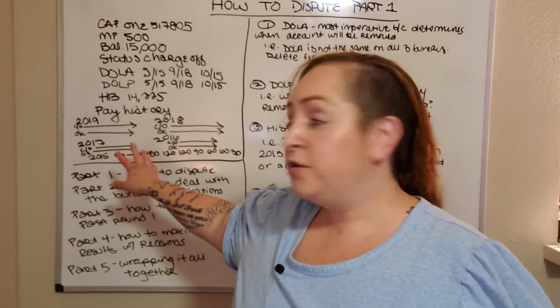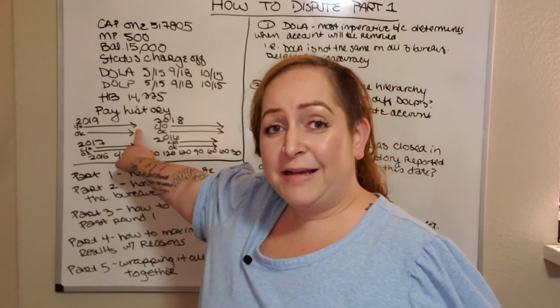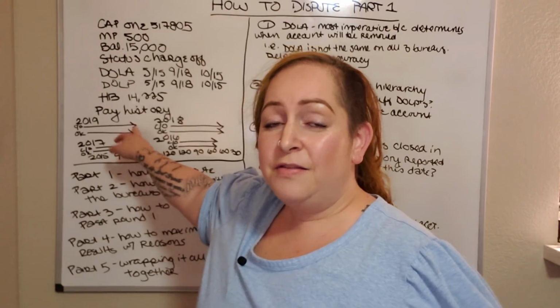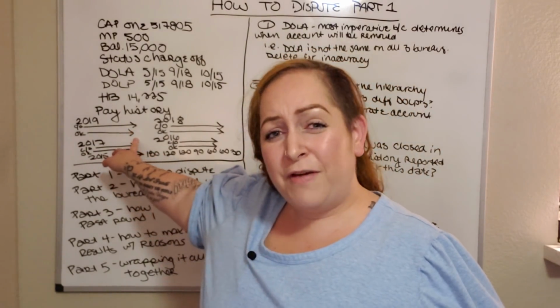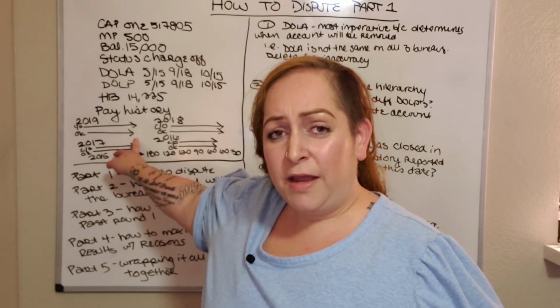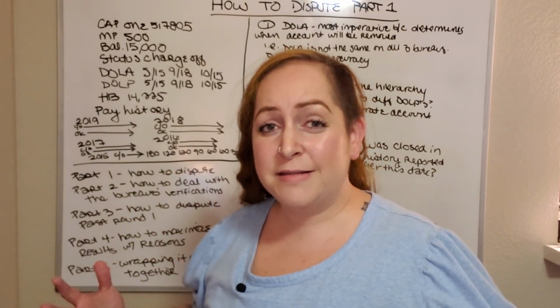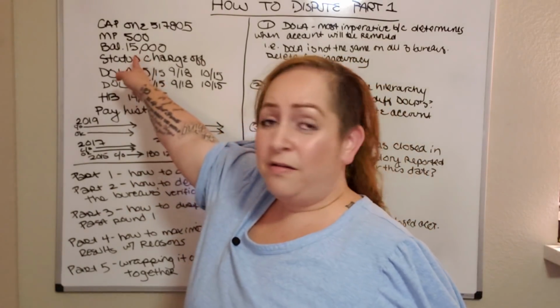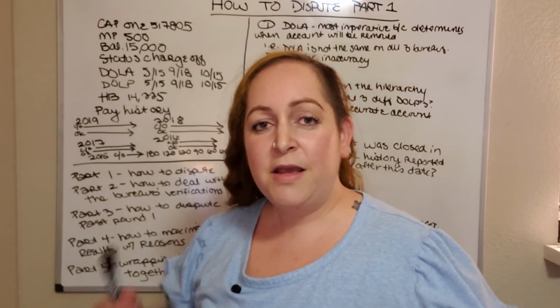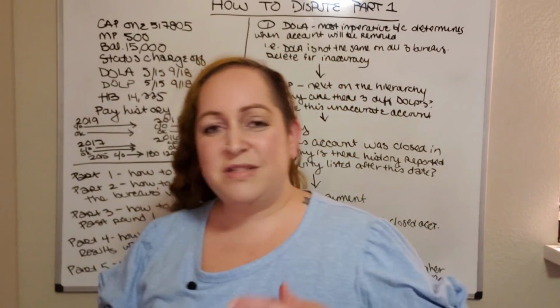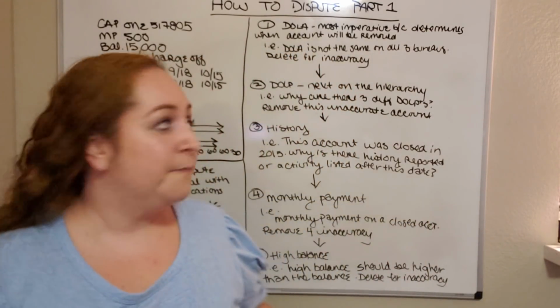There should not be any activity past the close date, and this will differ depending on where you pull your credit report. Now, why is Equifax reporting okay? That means that you actually are paid on time. So then, if that's so, why is the balance $15,000 and why was it closed in 2015? You get what I'm saying? You need to use just very simple logic with this.